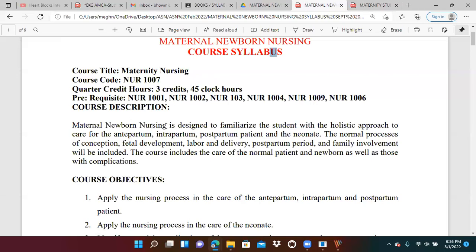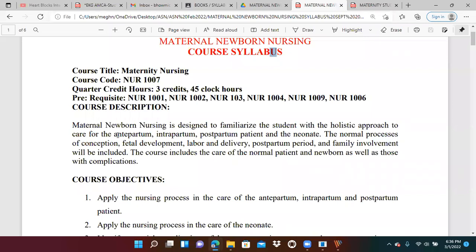Maternity newborn nursing is designed to familiarize the student with a holistic approach to the care of maternities or obstetrics. As I told you, maternity and obstetrics or gynecology and obstetrics.